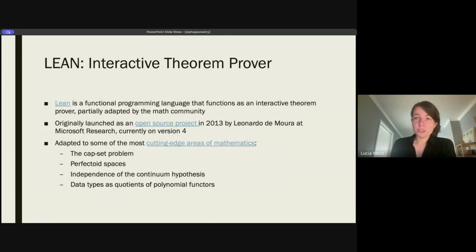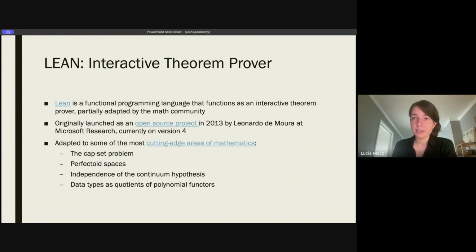Something also to point out that the paper mentions but does not utilize is that there are some quite advanced theorem provers out there, such as Lean. Lean is a functional programming language that functions as an interactive theorem prover, and it has already been partially adopted by the math community.